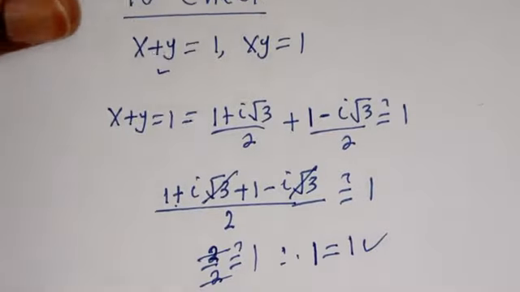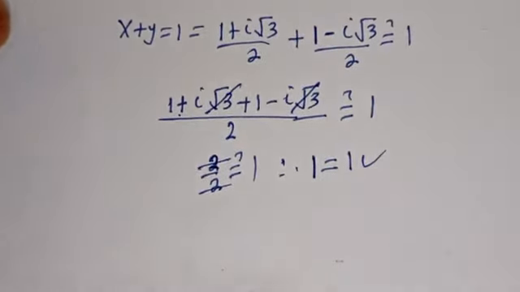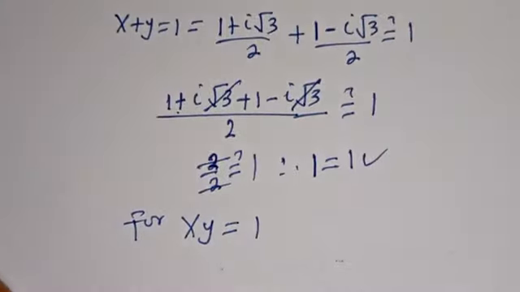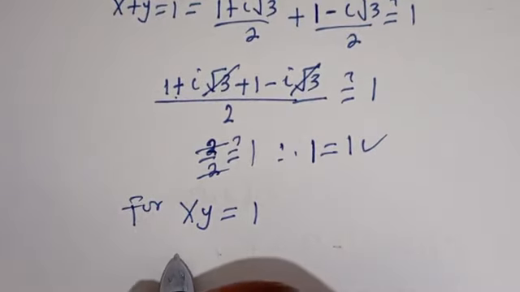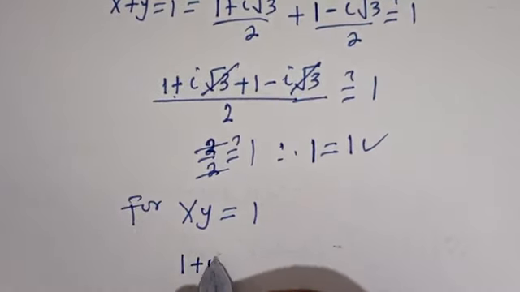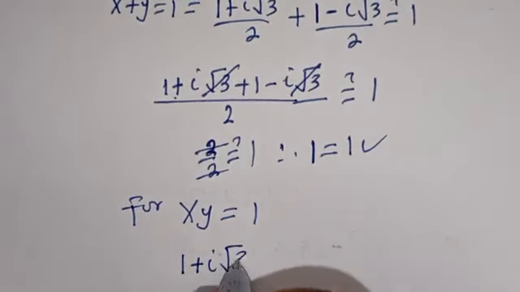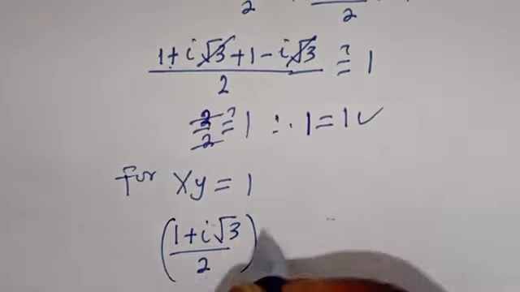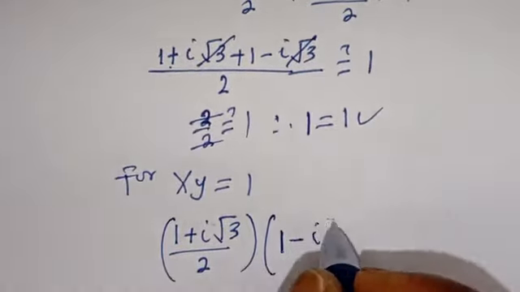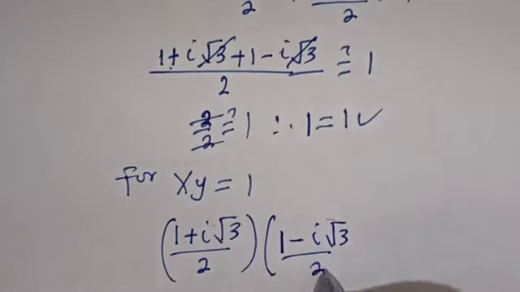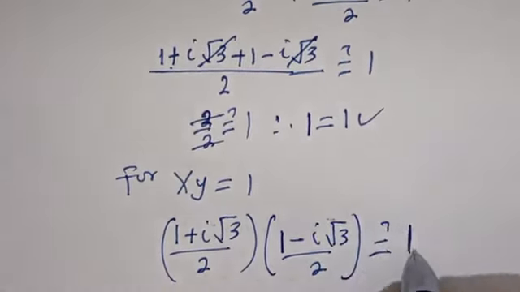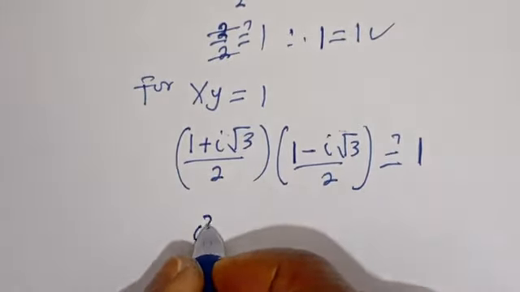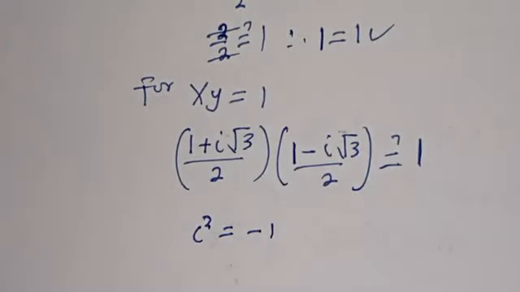And let's consider the product too. Then for xy is equal to 1, this is 1 plus i root 3 divided by 2 multiplied by 1 minus i root 3 divided by 2 must be equal to 1. Take note of this, that i square is equal to minus 1.